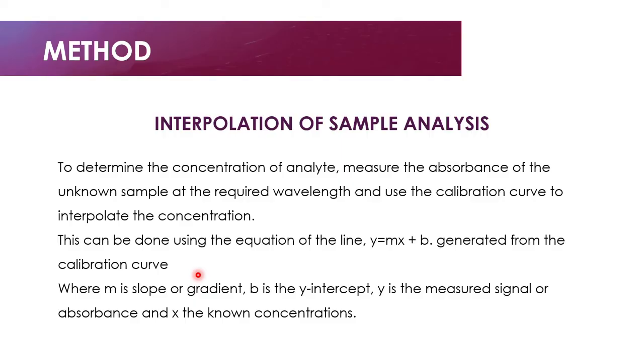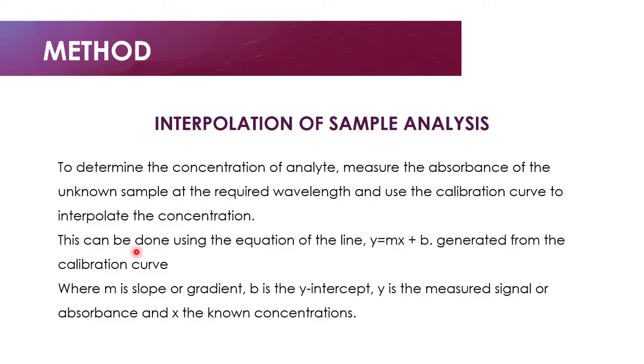So the next thing to do is the interpolation of sample analysis. First of all, what we have to note is that to determine the concentration of analyte, we measure the absorbance of the unknown sample at the required wavelength and use the calibration curve to interpolate the concentrations.